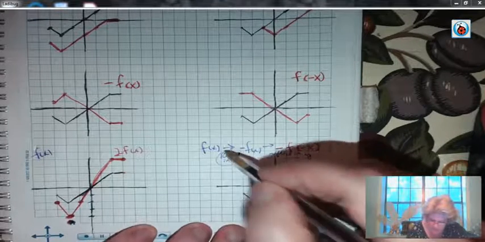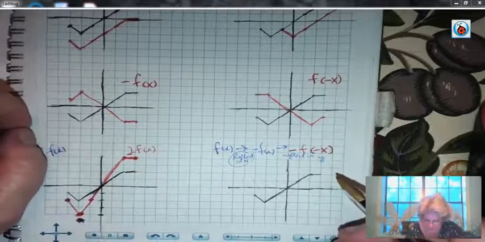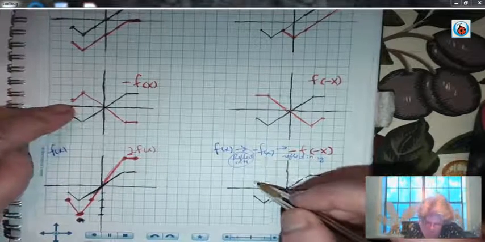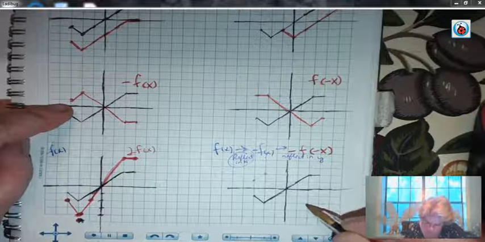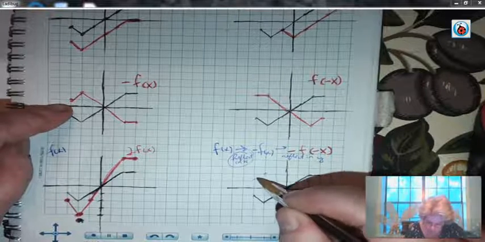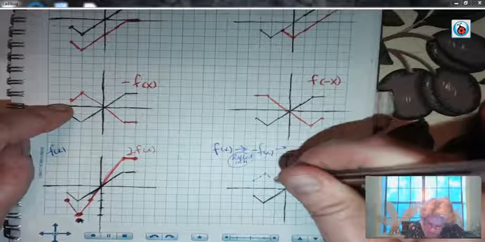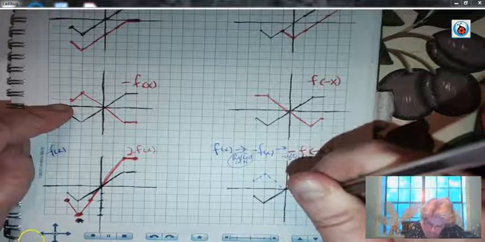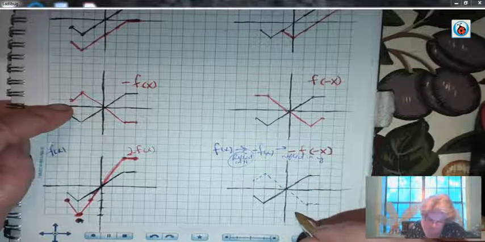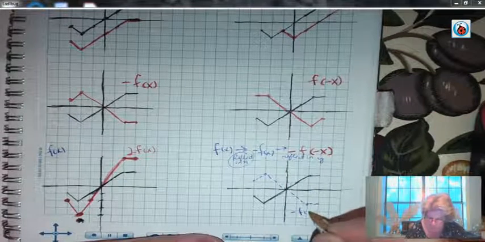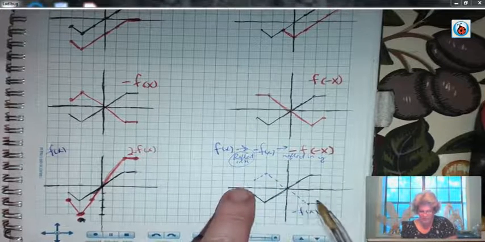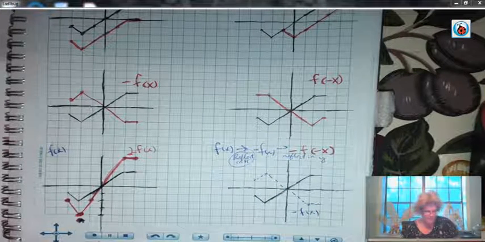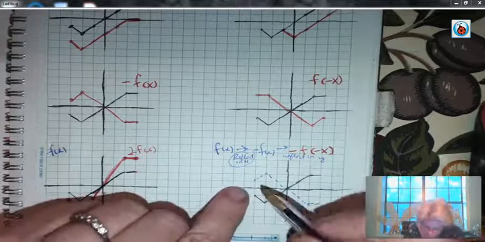Okay, so if I take this and reflect it in the x, I'll get that. So I might just draw it dashed. Okay, so that's the negative f of x. And now to get from here to here, I take what's in the dash and I reflect that in the y-axis.